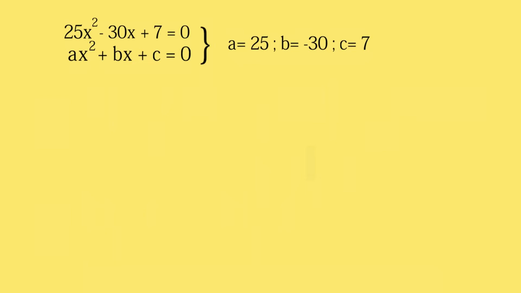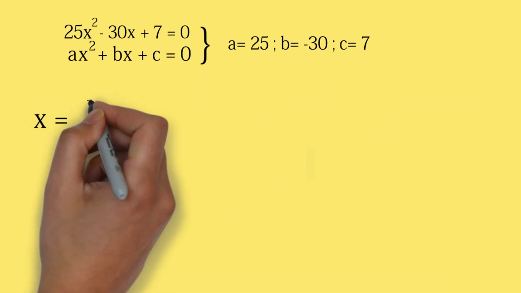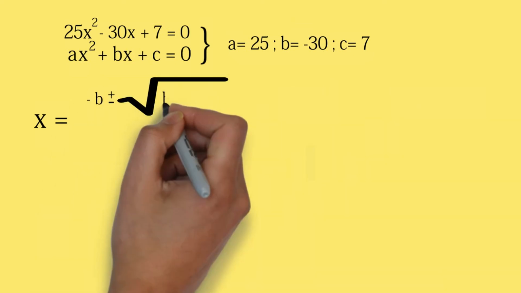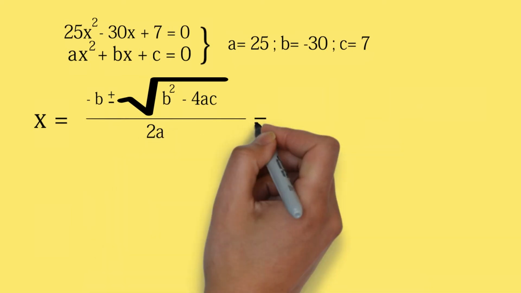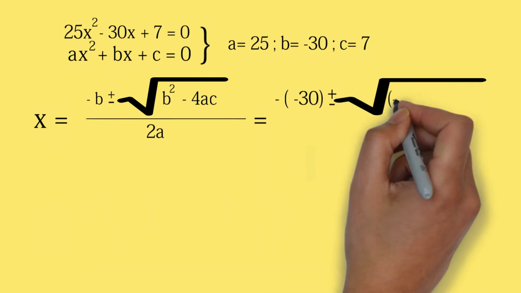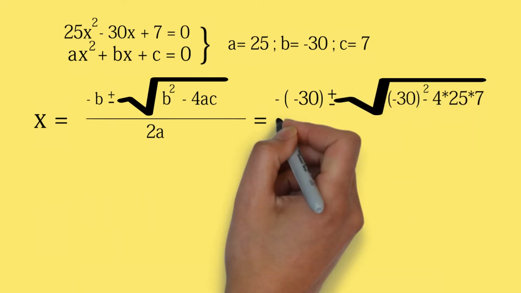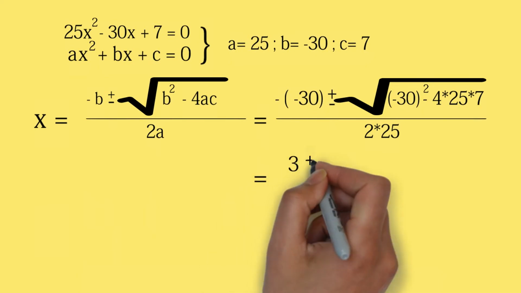Now remember one formula. The formula is x equals minus b plus minus root over b squared minus 4ac, divided by 2a. Now simply put the values of a, b, c in the formula.